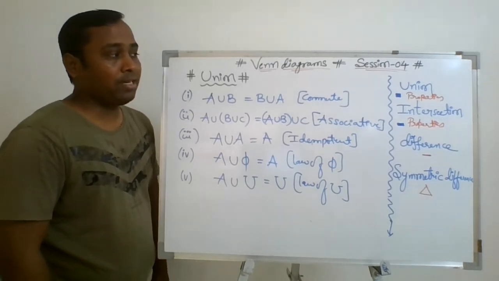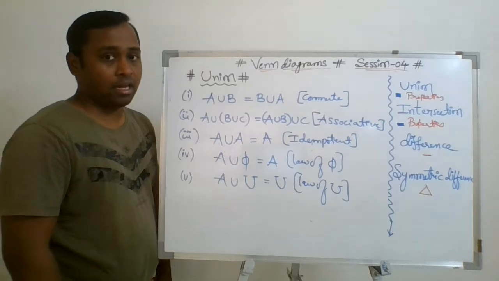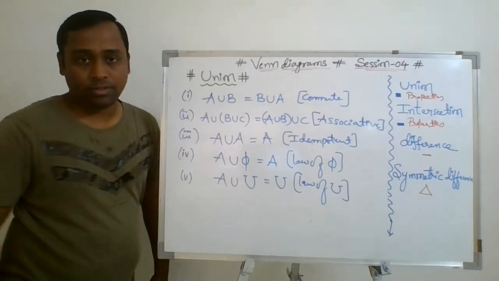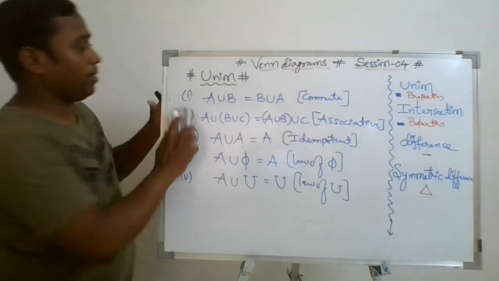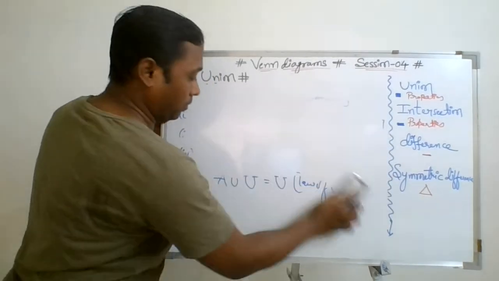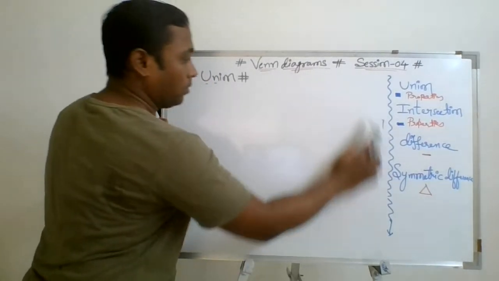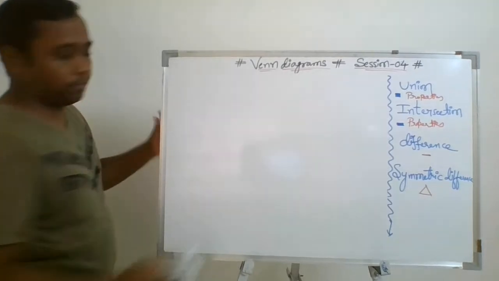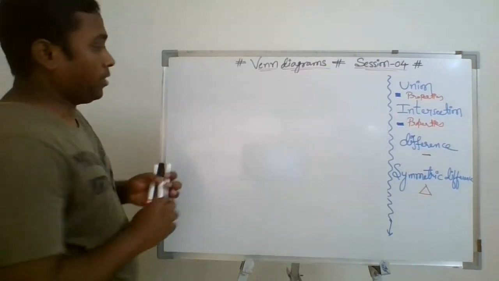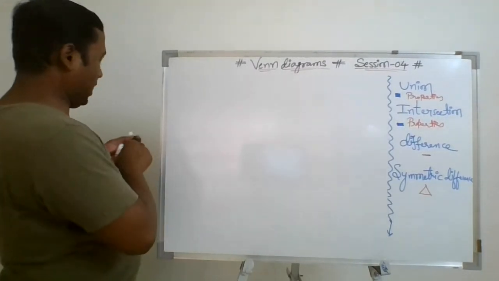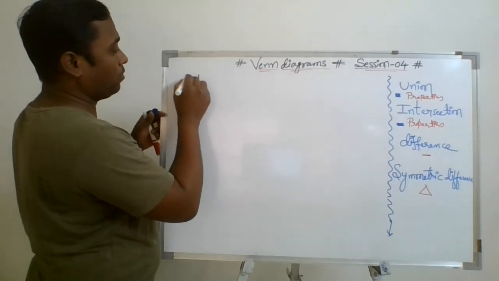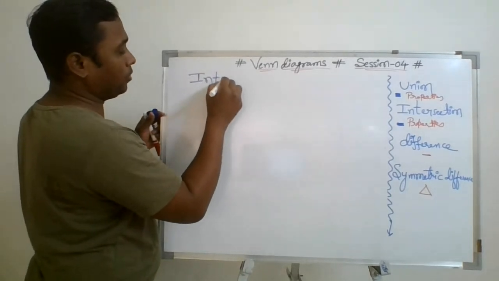Now what is meant by intersection of two sets or more than two sets? Try to understand. I am taking here the intersection concept. What is meant by intersection?